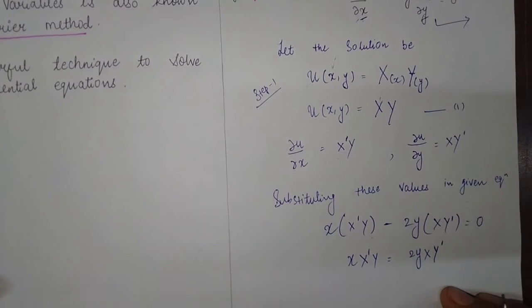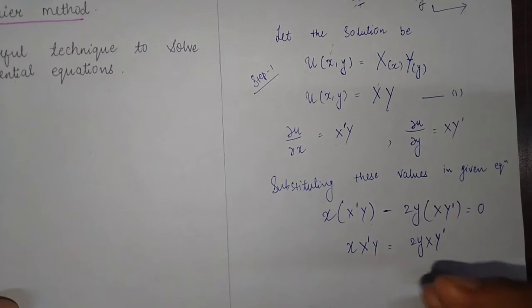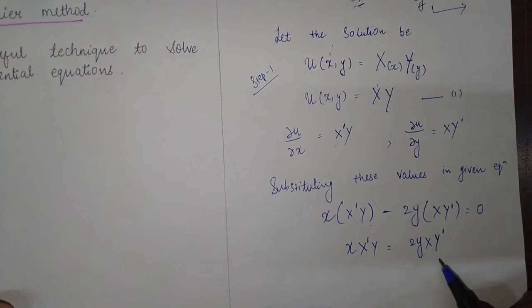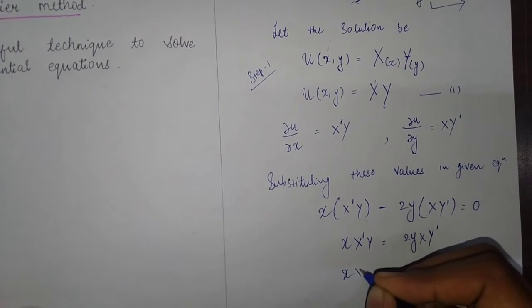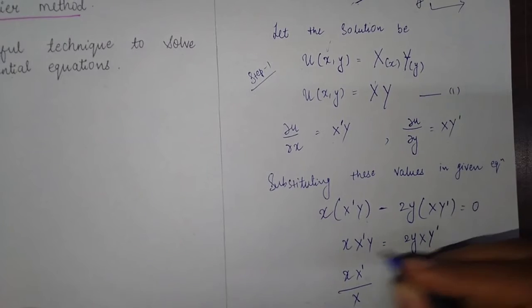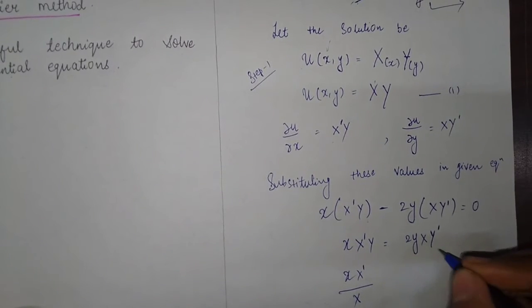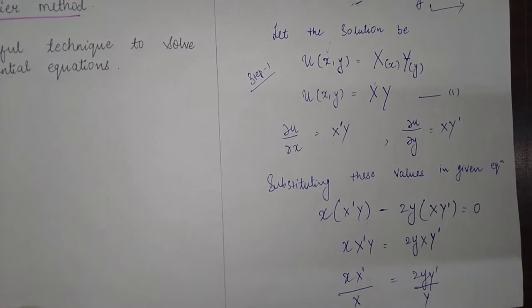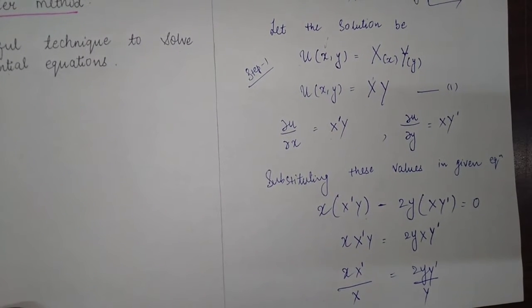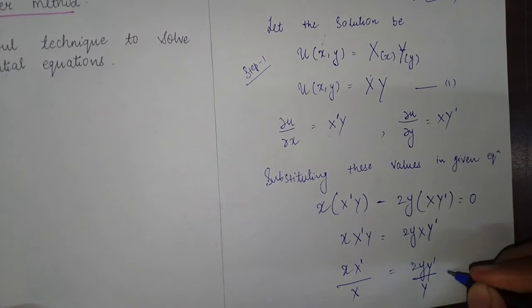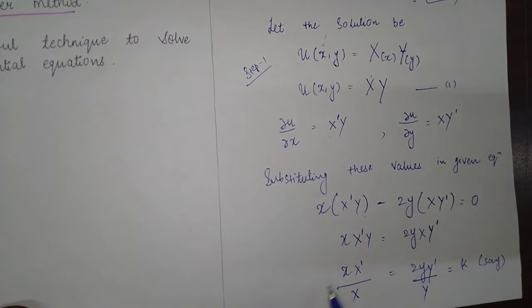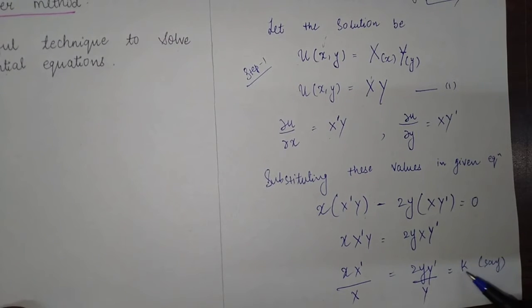Now again, if I take all the X terms to one side and the Y terms to the other side, how will it come? X dash by X, this X will come here and this Y will go here, so we will have 2y into Y dash by Y. Now we say that it is equal to some constant, say k, any constant we can take.